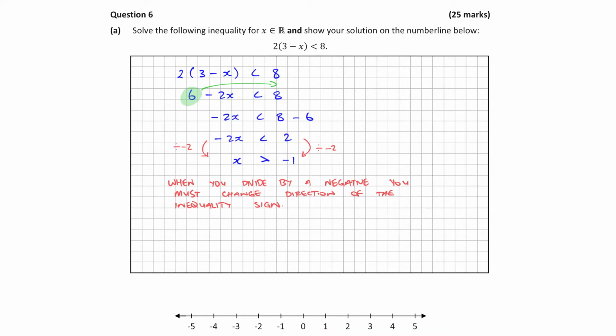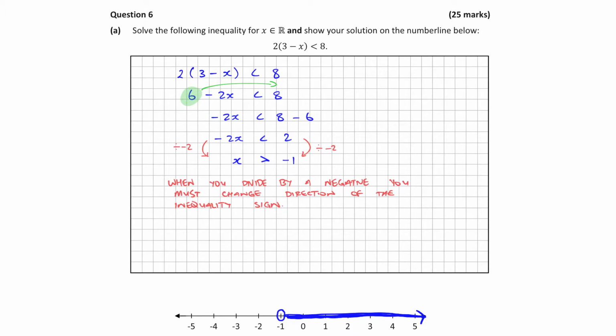It's not going to include negative 1, since x has to be bigger than negative 1. So how we do that is we circle the negative 1 and then we just draw a line going straight over all those numbers, the whole way up to infinity, right? So that would be that inequality solved.